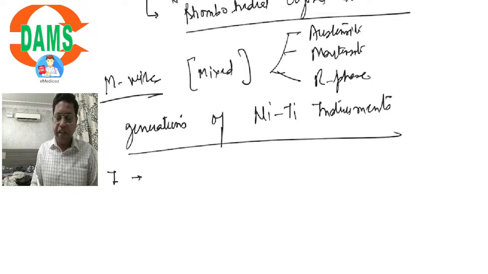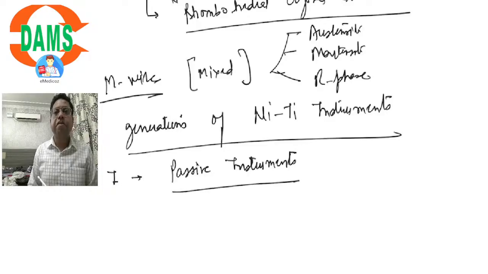First generation, they are passive instruments. Passive instruments means they have a blunt type of geometry, not very sharp, and they cut only with the force of rotation inside the root canals. They do not have sharp edges.